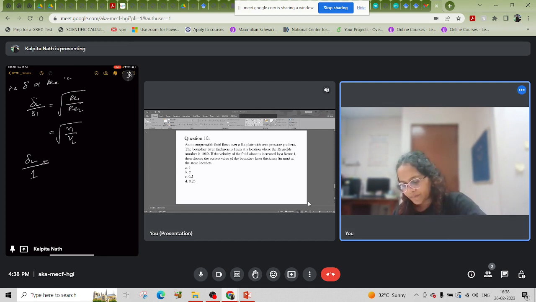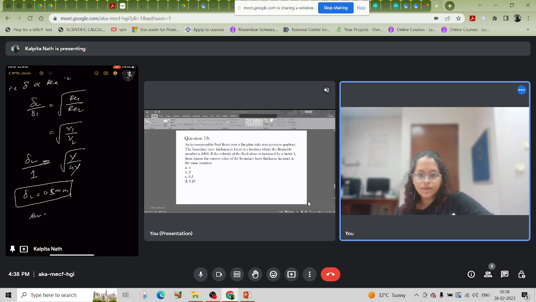So root over V by 4 times of V. So delta 2 is 0.5 mm. So answer is C.